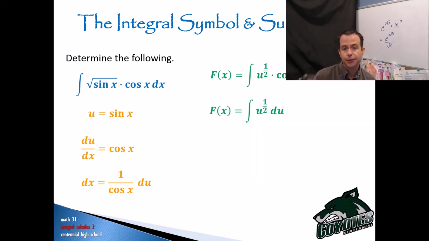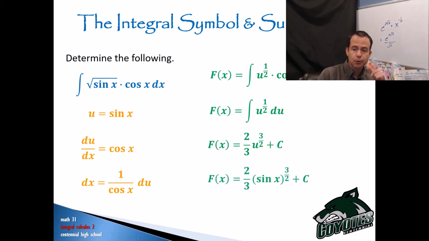So I'm looking at the integral of u to the 1/2. The 1/2 has to go up a degree, so that'll be 3 over 2, which means I need to take my coefficient of 1, divide by 3 over 2, which is the same as multiplying by 2 over 3. So I'll have 2 over 3 u to the 3 over 2 plus c, and then put your u back. So 2 over 3 sine x to the 3 over 2 plus c will be the antiderivative.